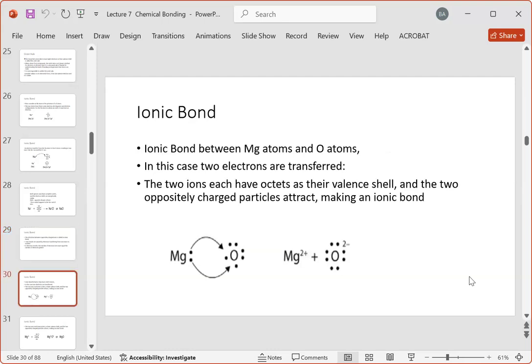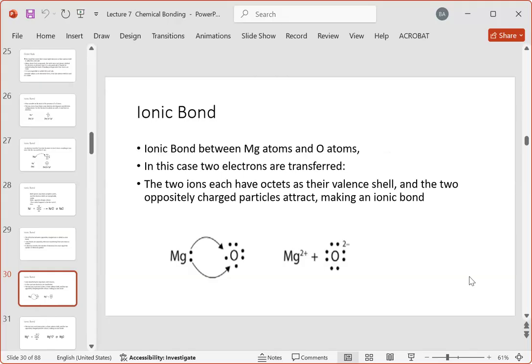Now let's see the ionic bond between a magnesium atom and an oxygen atom, right? Once we do the electron configuration, we see that the valence electrons of magnesium are 2, and the oxygen's valence shell has 6 electrons.